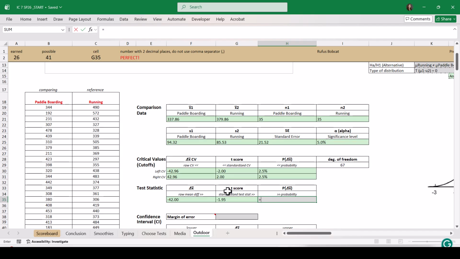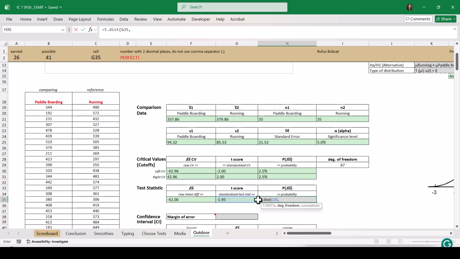So our test statistic is negative. Again, remember when you're doing a two-tailed test, you need to determine whether you're going to do 1 minus t.dist or just t.dist. The version you go with depends on whether your test statistic is positive or negative. Ours is negative, so we're just going to do t.dist.